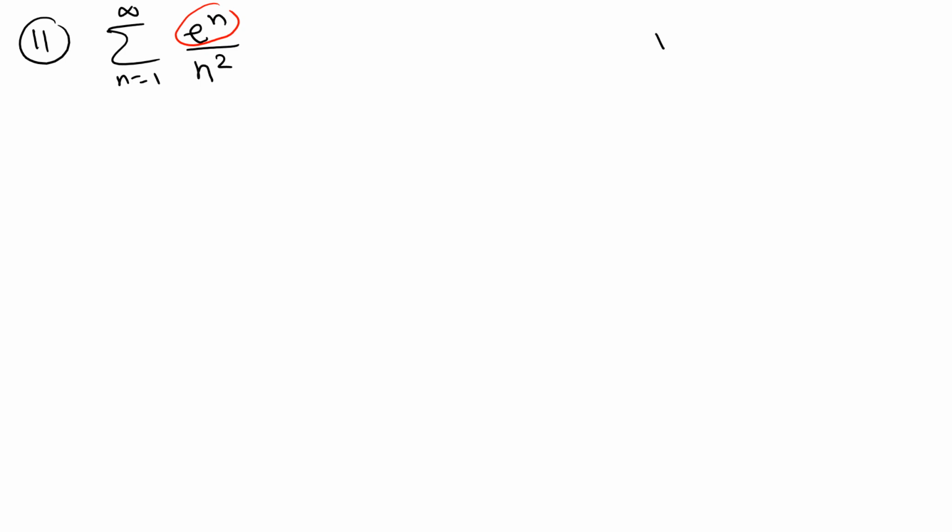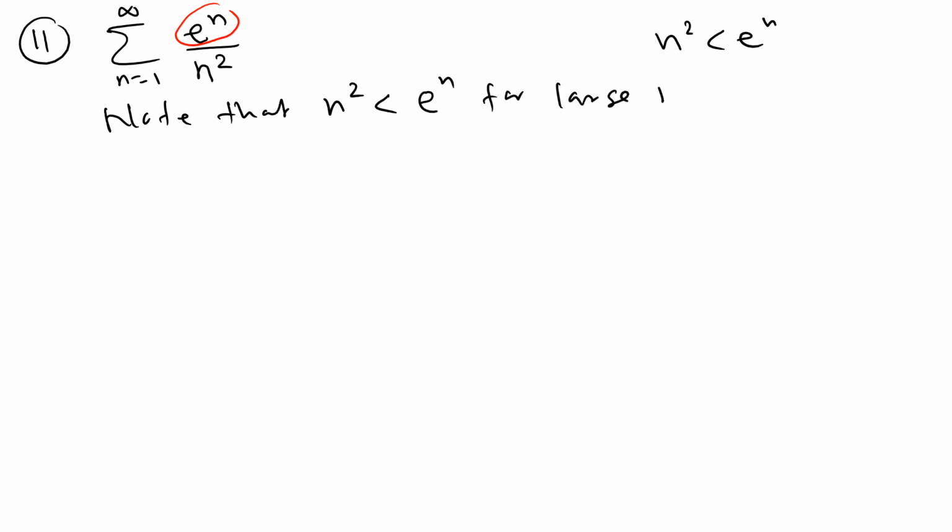So we notice that e to the n grows much faster than the polynomial. Note that n squared is less than e to the n for large n.